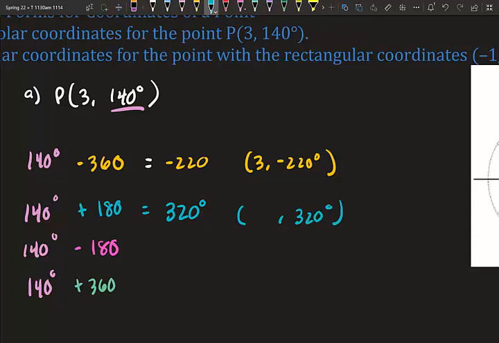I'm going to come back to that with the picture. Our next one, we have 140 minus 180, that's -40. So we'll have blank, -40 degrees. There's a reason why I'm leaving it blank, just bear with me here, I'll get back to you. And then our next one, we have 360 plus 140, which is 500.